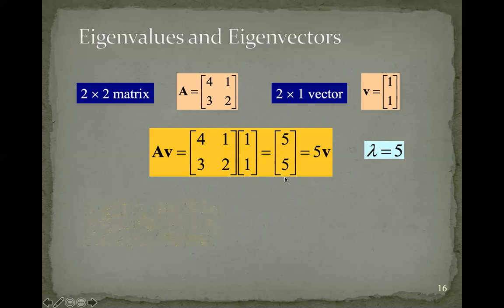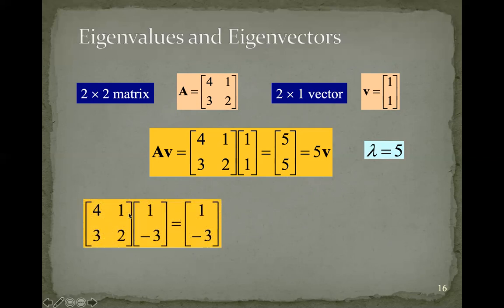Let's look at another case. Let's assume the vector equals 1, minus 3. We multiply the matrix A to this vector, 1, minus 3, doing another linear transformation, and the resulting vector equals 1, minus 3.